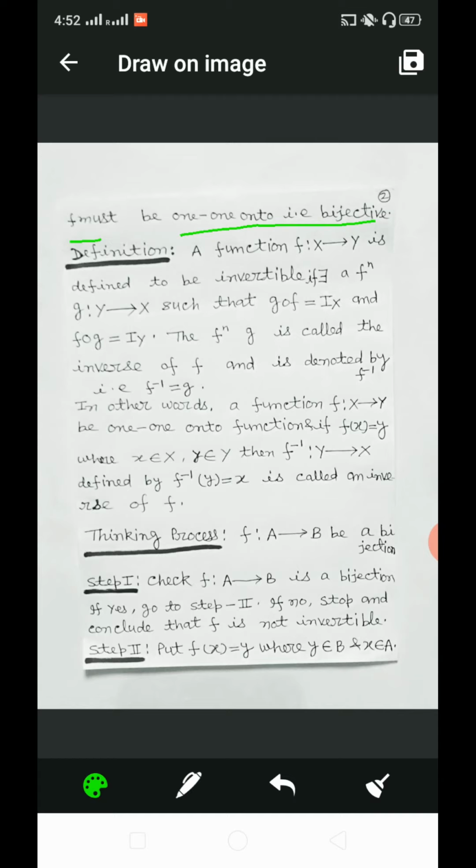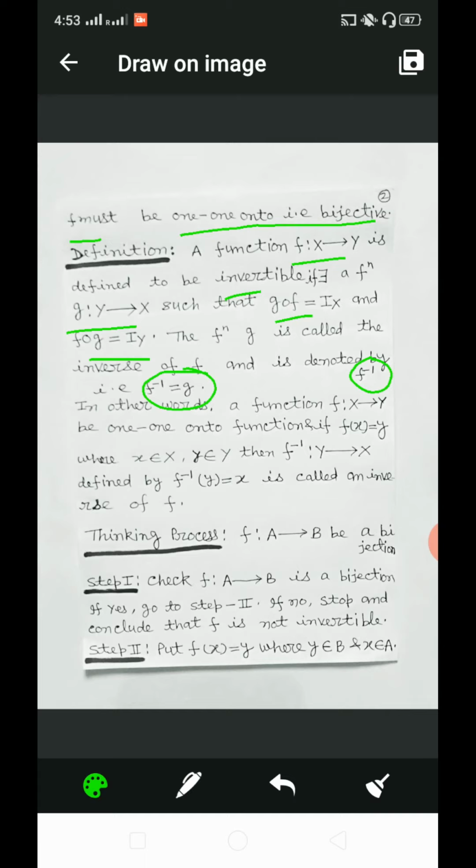Let us define: a function f from X to Y is defined to be invertible if there exists a function g from Y to X such that g∘f is equal to I_X, the identity function on X, and f∘g is equal to I_Y, the identity function on Y. The function g is called the inverse of f and is denoted by f inverse, that is, f inverse is equal to g.